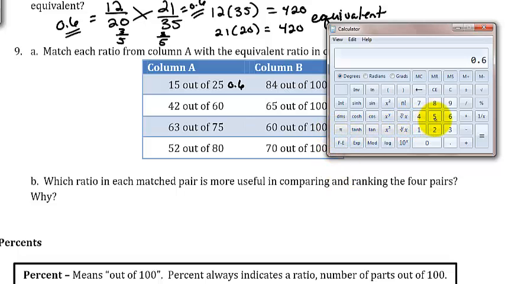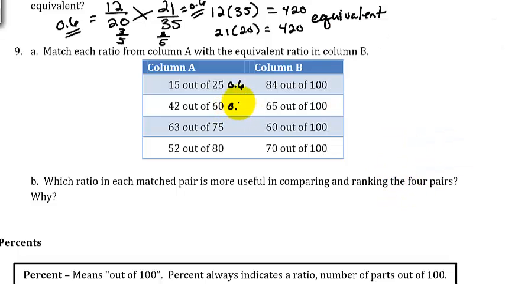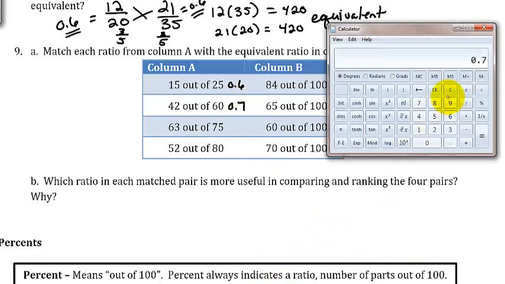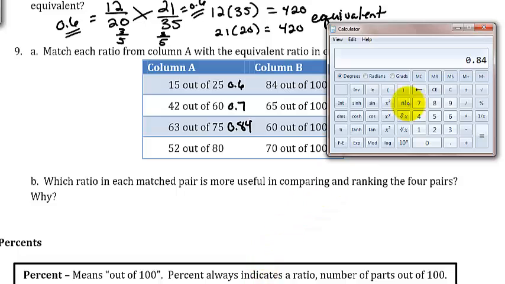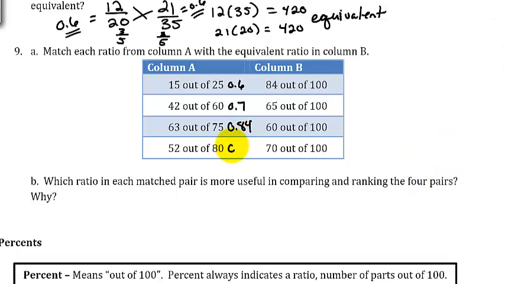And then 42 divided by 60 is 0.7. And 63 divided by 75 gives us 0.84. And 52 divided by 80 gives us 0.65.